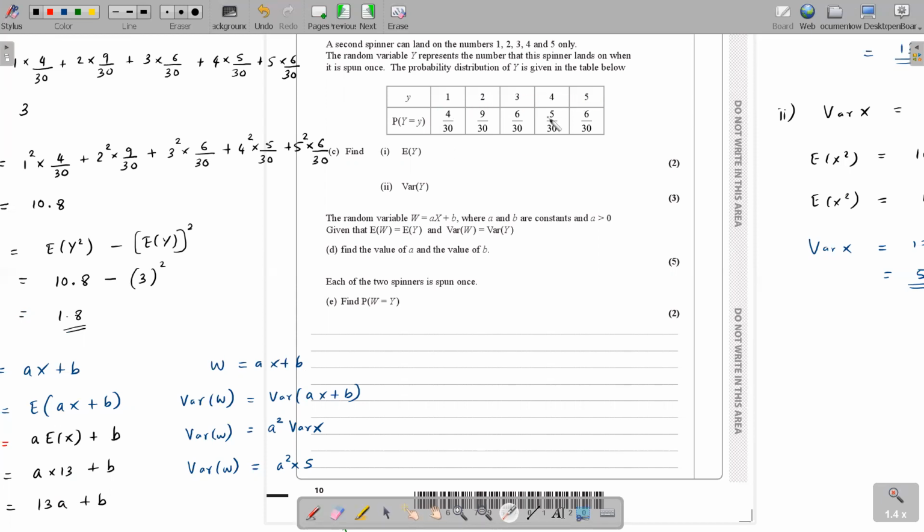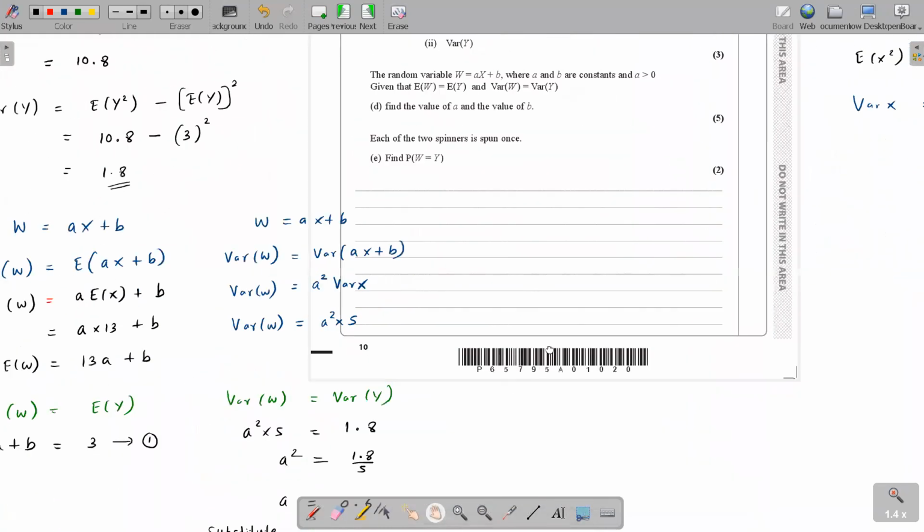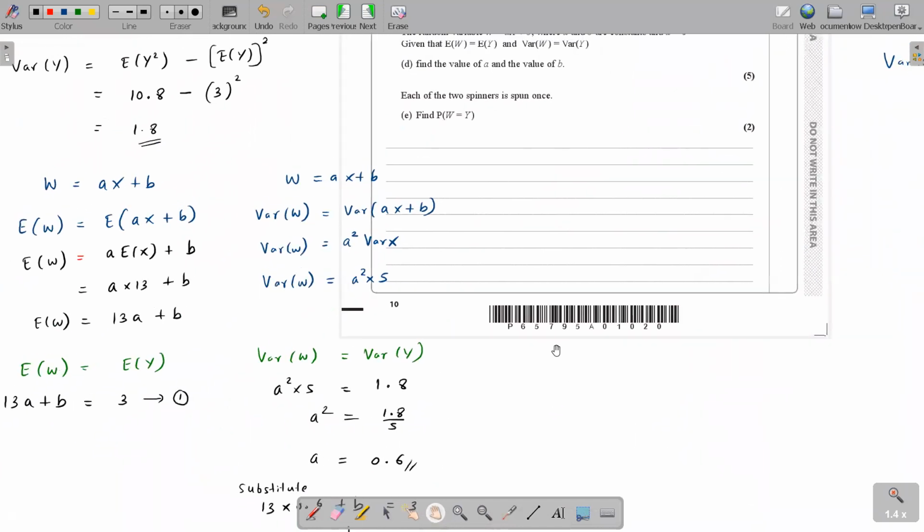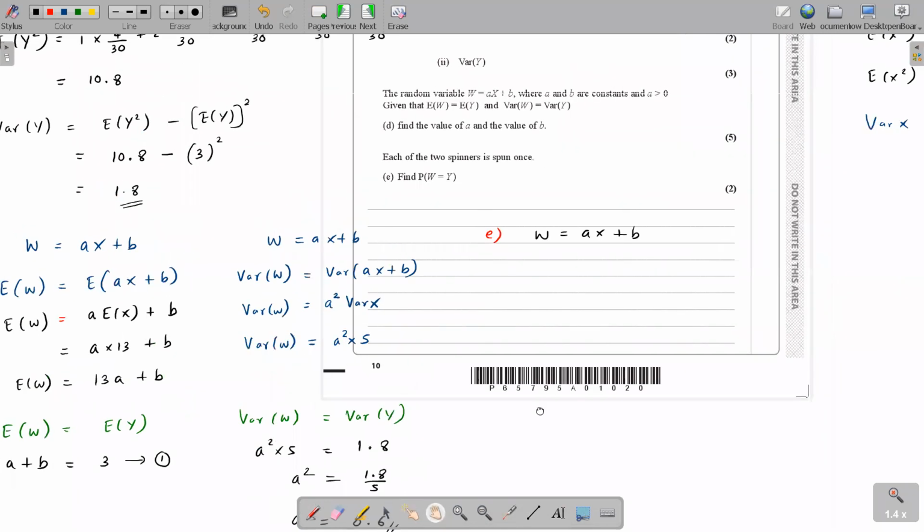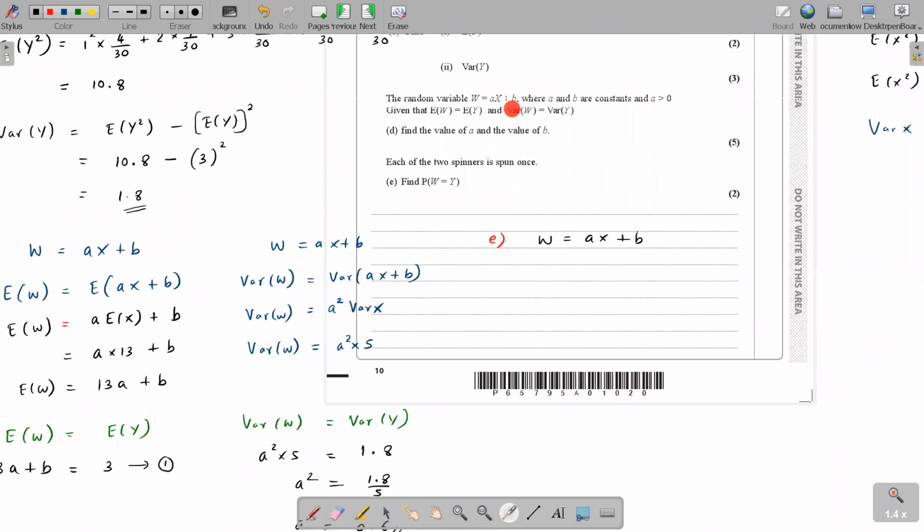Okay, what are the W values? Do we know the W values? What do we know about W? They have told us that W is AX plus B, right? Can you all get me the W values? So the A value is found today. What was the A value? 0.6.